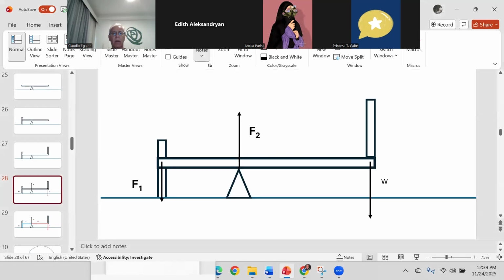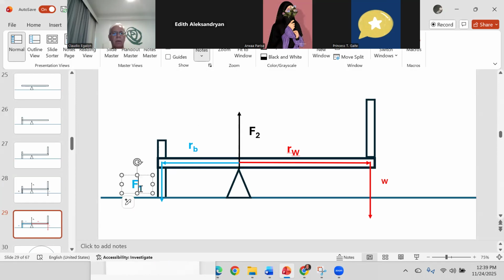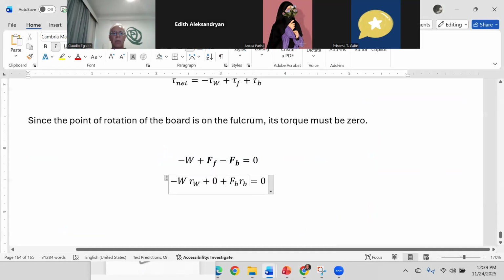Going back here, that was the next slide. Here you go, R1. Let me just write both, right? Here is the fulcrum. What is unknown is this guy.